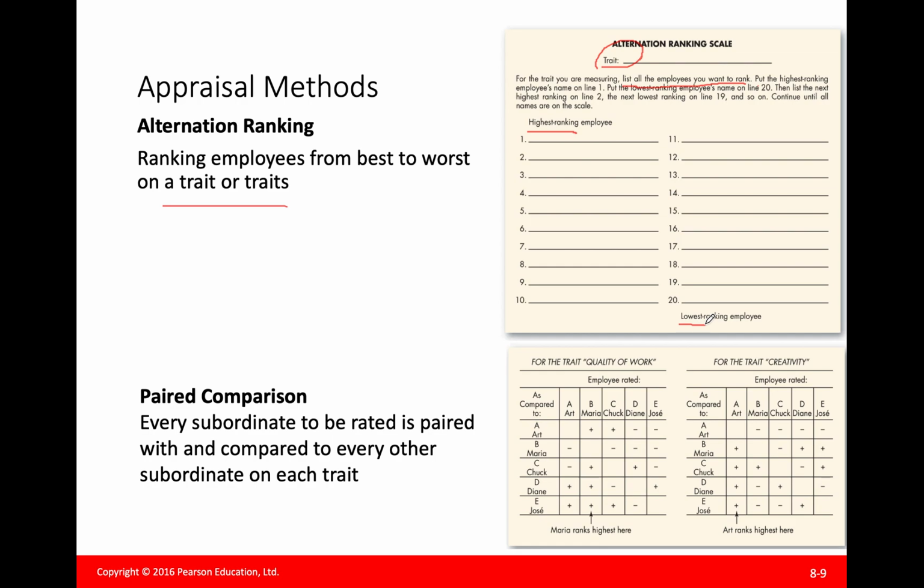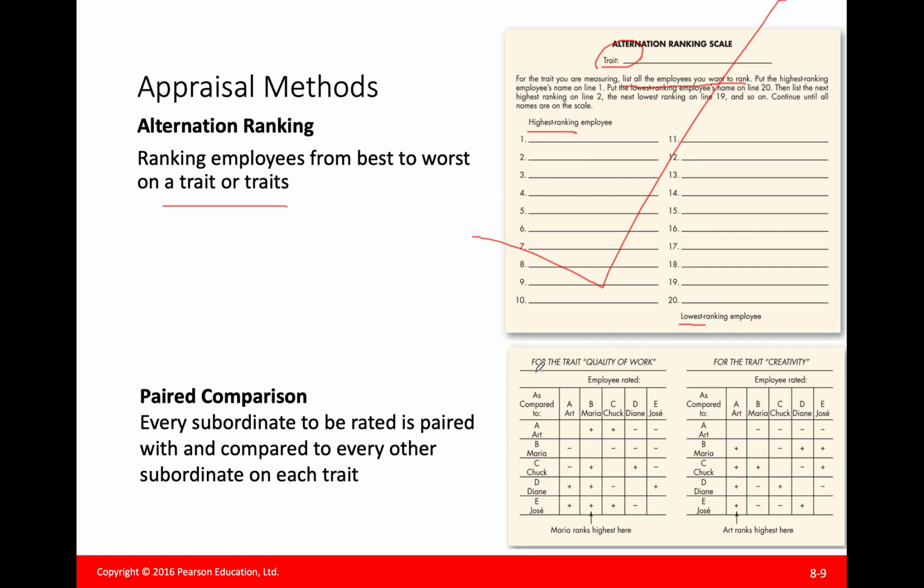We have to compare which one is better or worse than which one, so that we can come up with a result. For pair comparison, we also need to compare the performance of employees, but we don't rank them on a 1 to 20 or 1 to 10 position. This is how we do it.